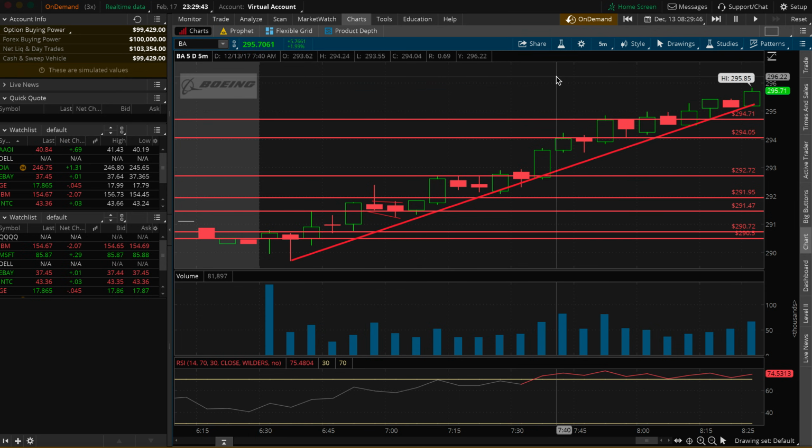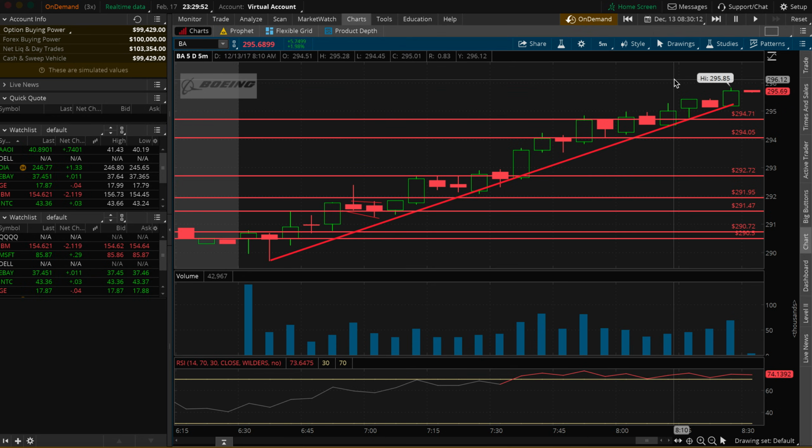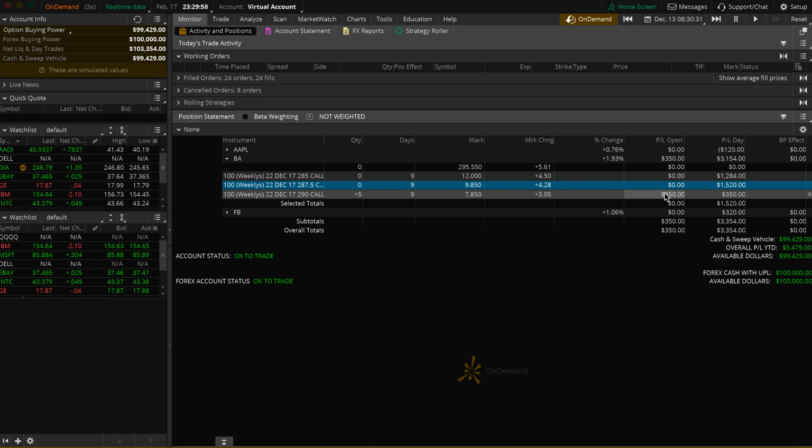See what it does. See where this one closes at. Remember, there's no resistance up top. These are all new highs. So it closed high, 350. So we're over 3,000 profit today.